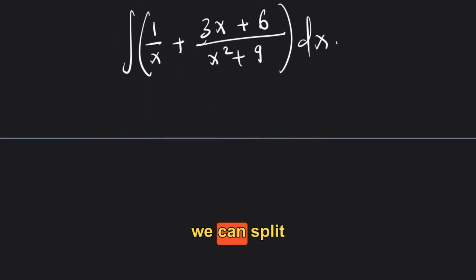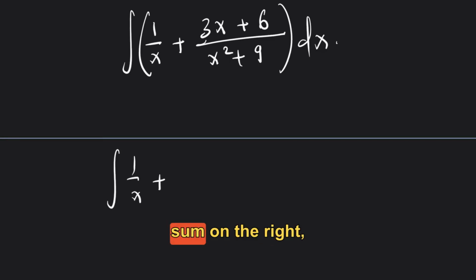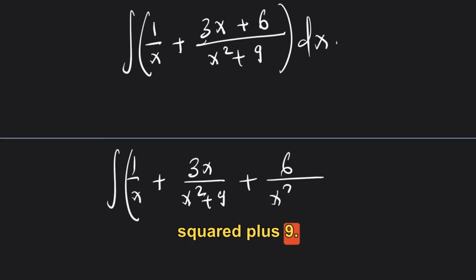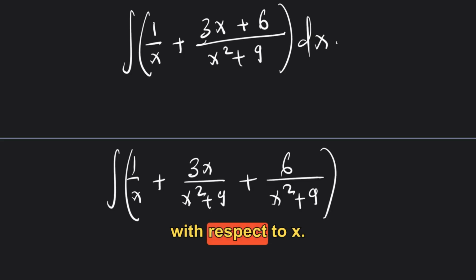Now at this stage, we can split the integral. So this is the integral of 1 over x plus 3x divided by x squared plus 9, then plus 6 over x squared plus 9, with respect to x.